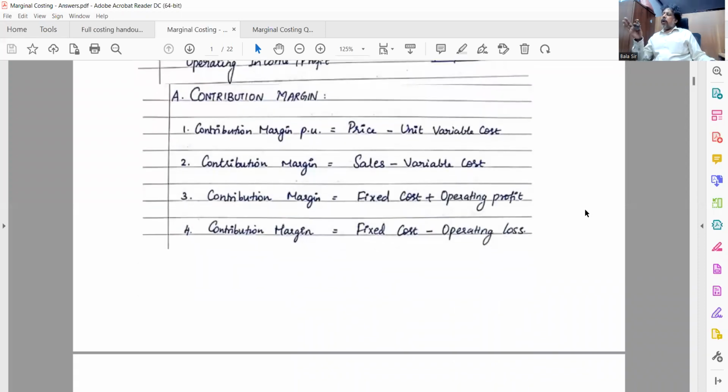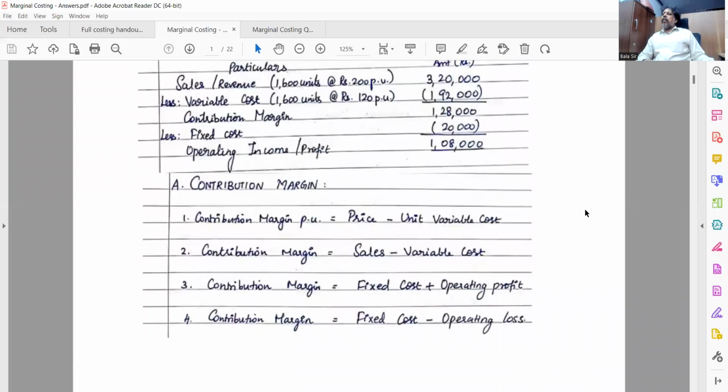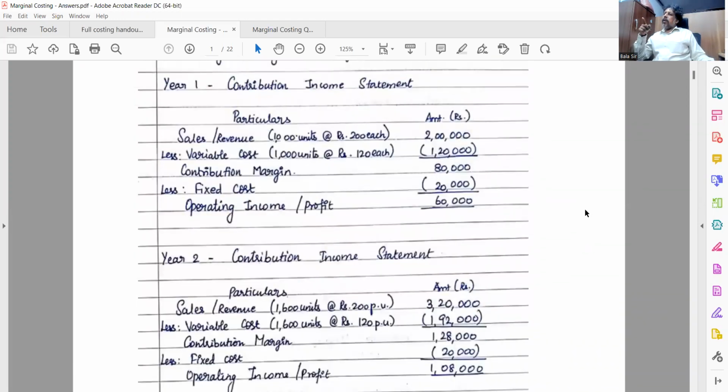People should understand why this number is called contribution. Let me explain that. Now refer to year 1 income statement, guys. Now you know that each unit is sold at rupees 200 each. And each unit is produced at rupees 120 variable cost, unit variable cost.